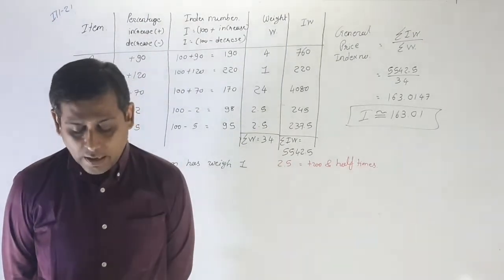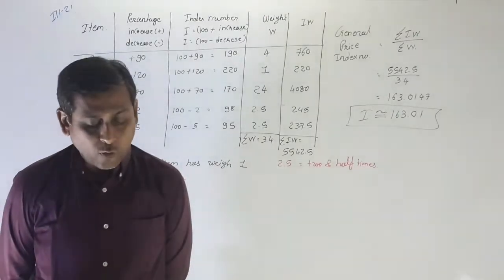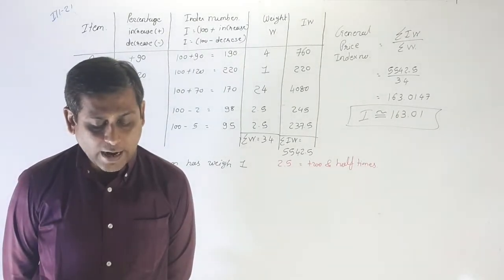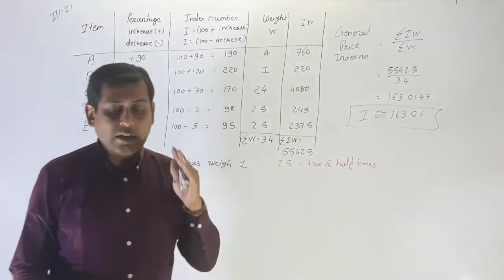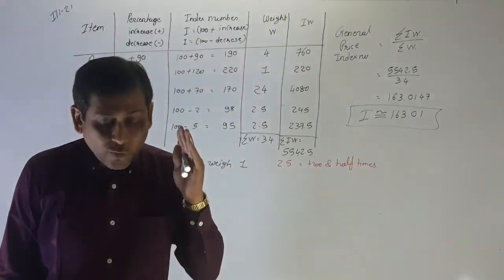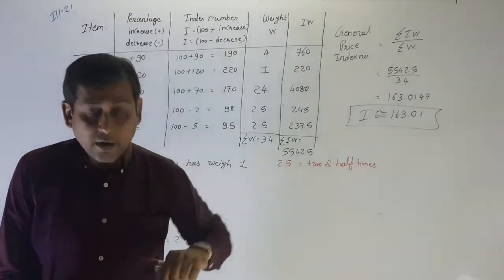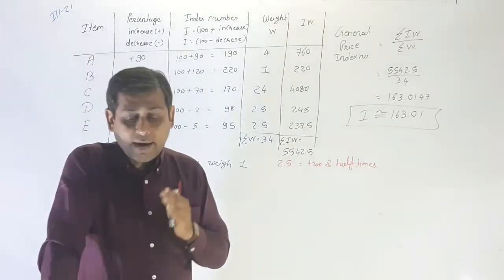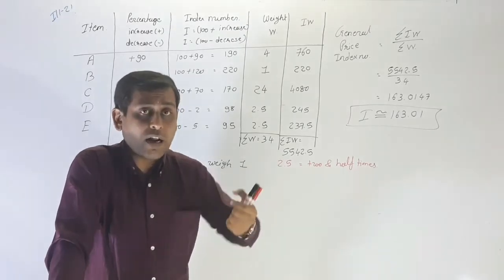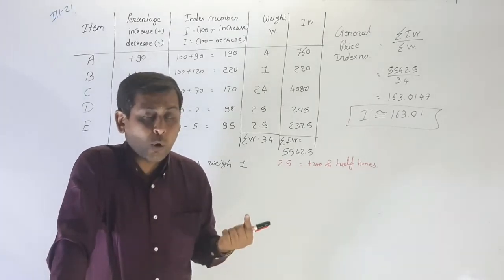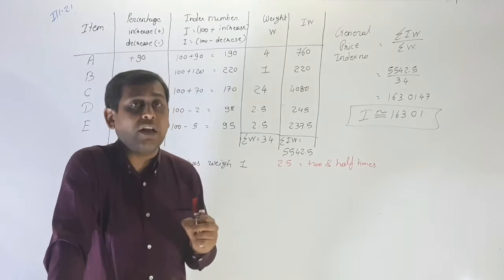Then the expenditure data for food, clothing, house rent and the miscellaneous group is given. The data is given for fuel, and now extra data is given for the other items: food, clothing, house rent and miscellaneous.